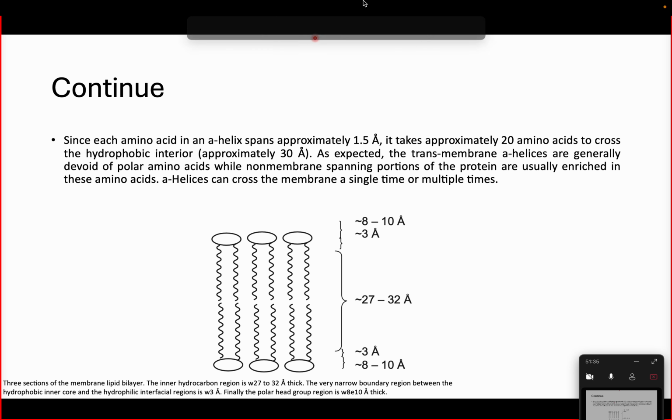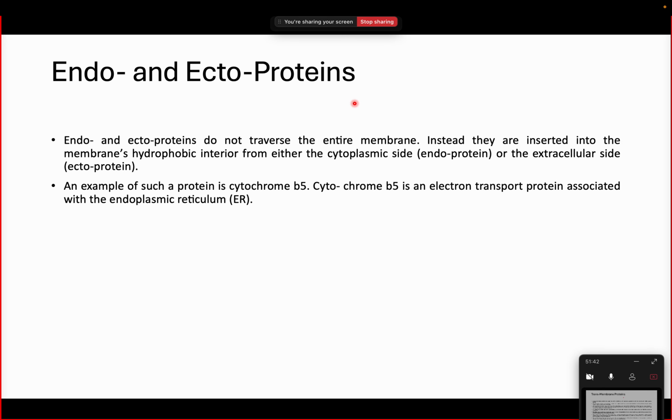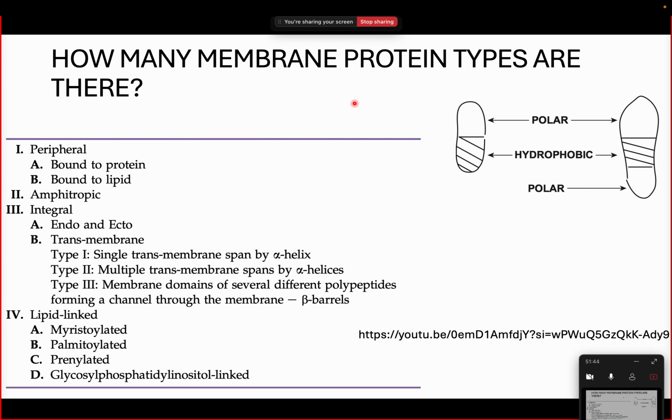So today, I guess I'll stop here because a lot of classification is coming in the coming slides. I'll summarize: we have discussed very little in the class, but still this is important because this will make the basis of certain functionalities which are associated with the protein in the coming sections. So we have discussed the peripheral proteins. There were two different types, one which is bound to the protein and one which has interaction with the lipid, right?